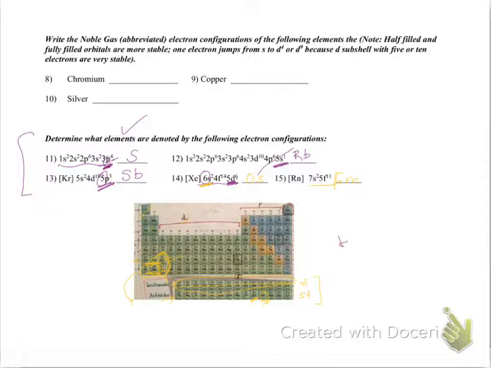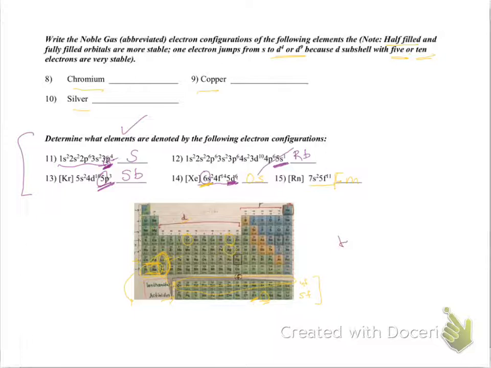Going back to these configurations, so chromium, copper, and silver. Chromium is here, copper is here, and silver is here. Here's another rule: if you're filling the electronic configurations and in the outermost you get d4 or d9, then you make one electron jump to give it d5 or d10, because half-filled or fully filled d orbitals are very stable.